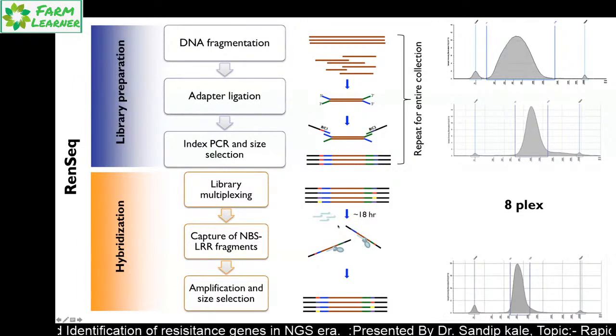So this is the important step. Here you are only capturing fragments from the NBS-LRR genes, and then you amplify these fragments again, and you can sequence them on different platforms such as PacBio or Illumina.